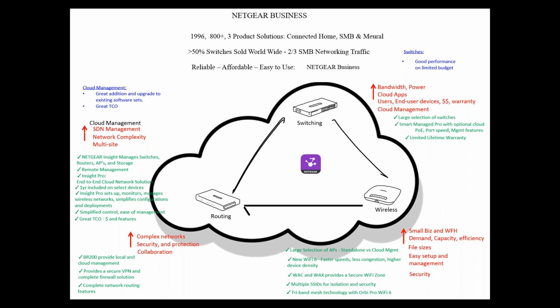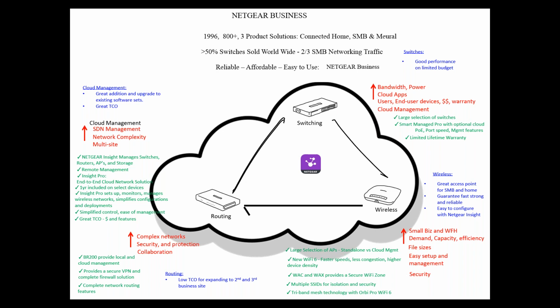On our switches, they always say, yep, good performance on a limited budget. On our wireless side, they say great for the SMB, making sure it's fast, strong, reliable, and easy to configure and set up. They talk about how the cost of ownership is very low for ours, especially when you're including multiple sites.